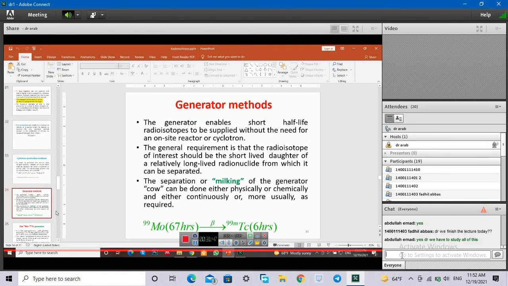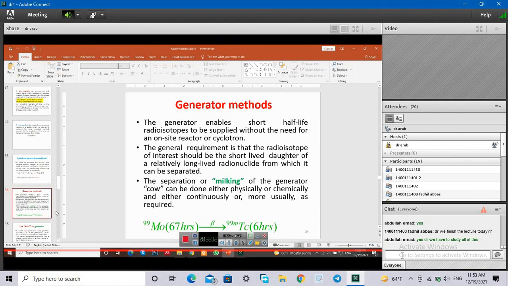And the common radiodrug produced this way, as I said, is technetium-99 in the metastable state. As you see, the mother radionuclide molybdenum-99 has a high half-life of about 67 hours, but the half-life of technetium is nearly 6 hours.